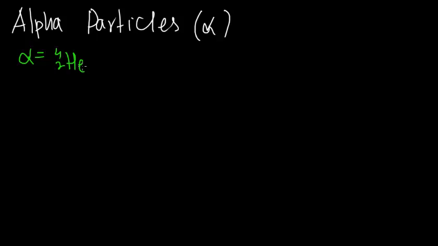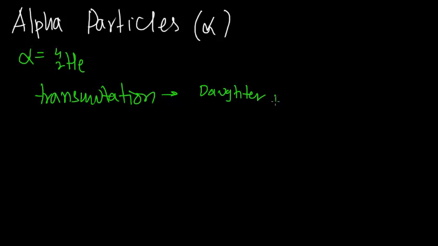When a radioactive material emits an alpha particle, the nucleus of one of its atoms loses 2 protons and 2 neutrons. The loss of the 2 protons changes the atom from one type of element to another. This process is called transmutation. And the nucleus that is formed after the emission of an alpha particle is called the daughter nucleus.